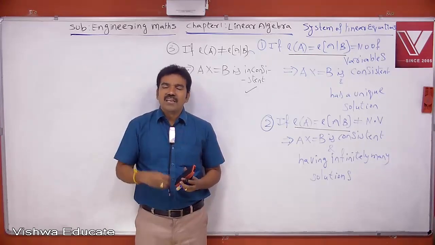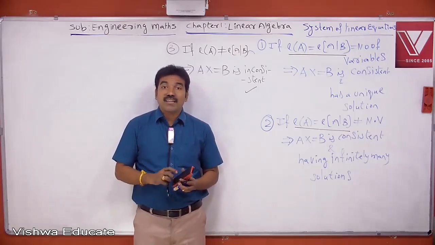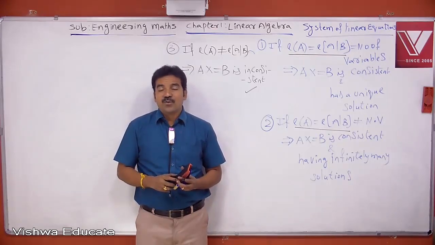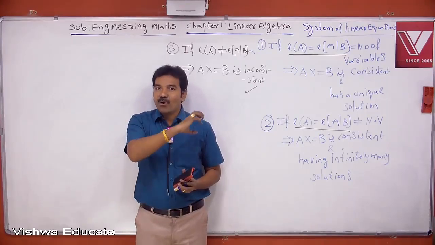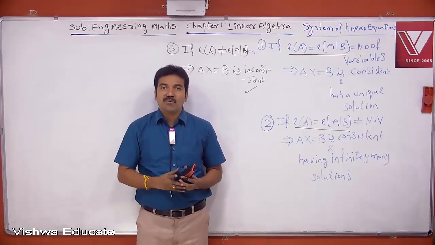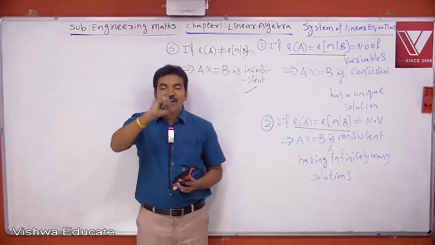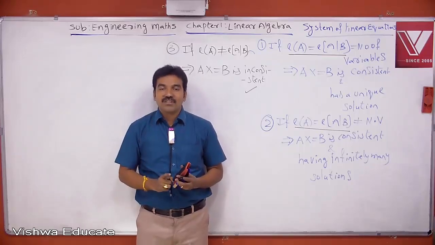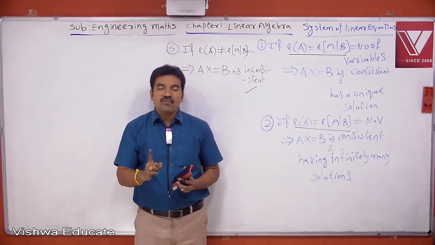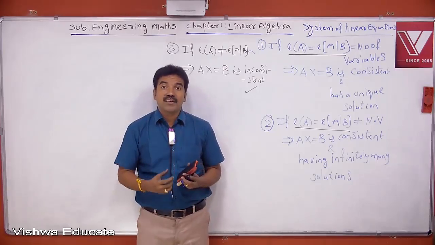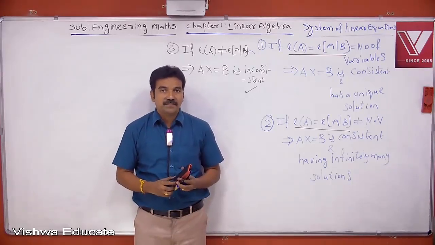For example, if I work on a computer system, I will write code which gives the ranks of matrices. Then when I compare them, I will get confirmation about consistency with a single solution, or consistency with infinitely many solutions, or inconsistent, no solution. Therefore, rank is very powerful in the analysis of systems of linear equations, right?